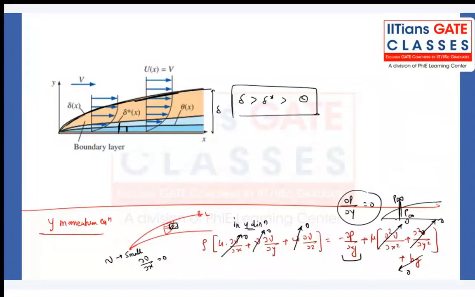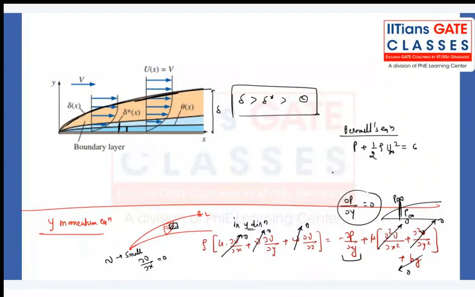Now, if we have P infinity, we can apply the Bernoulli equation to get the value of ∂p/∂x. If you want the ∂p/∂x formula, you can get it from the Bernoulli equation. What is the Bernoulli equation? P plus half of rho u square is equal to C, right? Can we write like this, u infinity square?